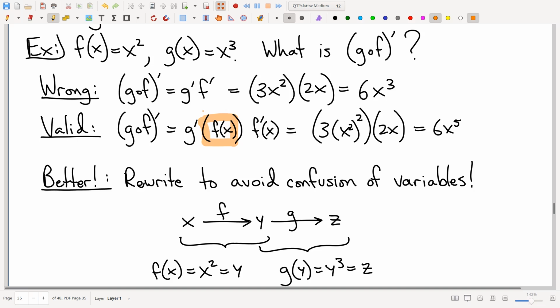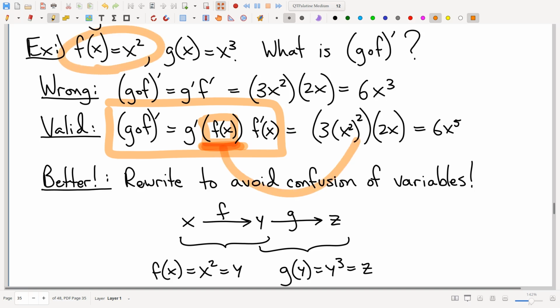I'm sure you all remember this sticky little point about the single variable chain rule, using Newton's notation. And of course, f of x being x squared, that's what wasn't present in that initial calculation. This does give you the right answer.